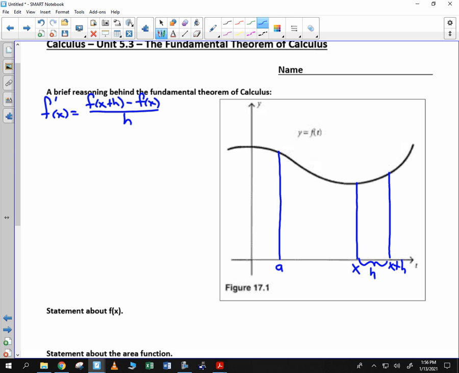Okay? And we're going to write an expression for this. We're going to call it area, from x to x plus h. So I'm referring to the area right here.